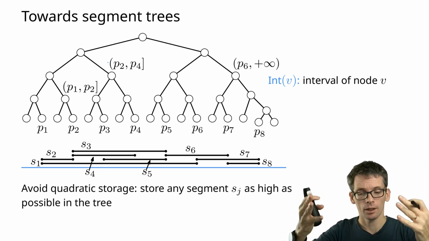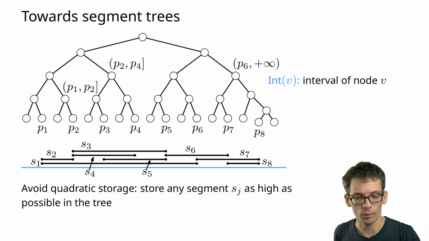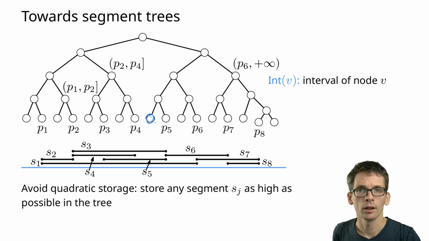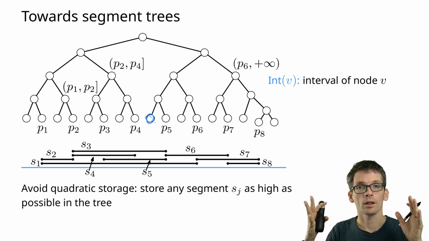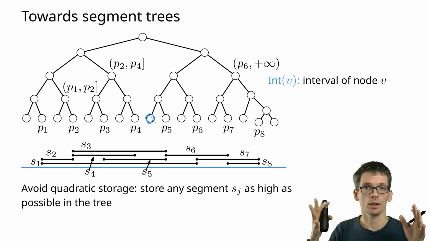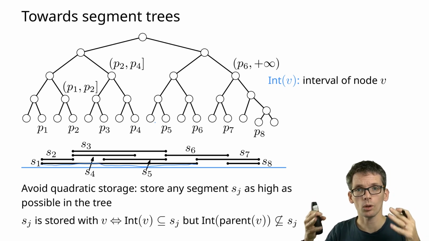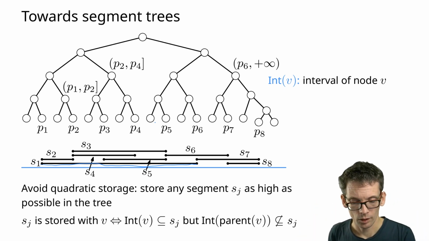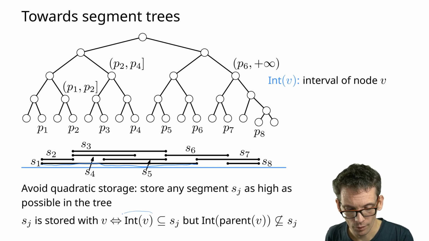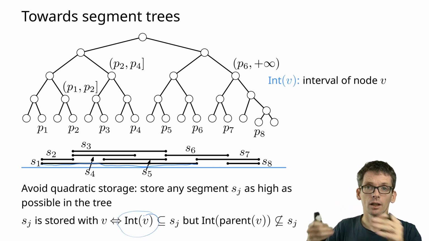So previously, if you think of how a query worked, when I went here, I would report all segments that cover that elementary interval. What I'm going to do now instead is store a segment at the node such that the interval of that node is covered by that segment.